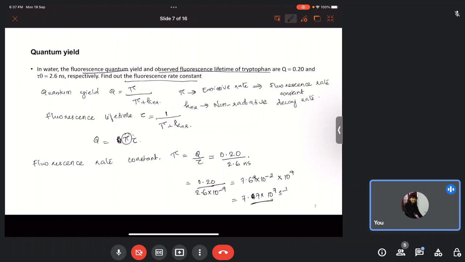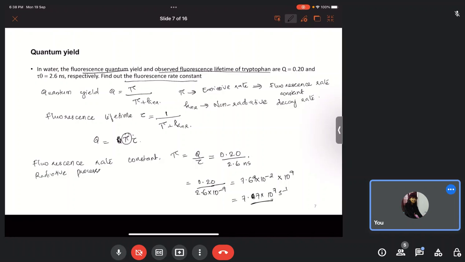So this calculation is very important because the preceding questions require the understanding of how we can calculate the fluorescence rate constant, or radiative process rate constant.